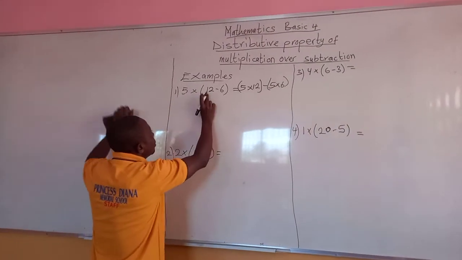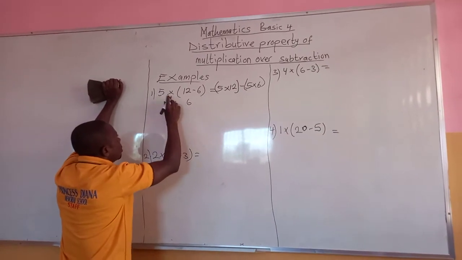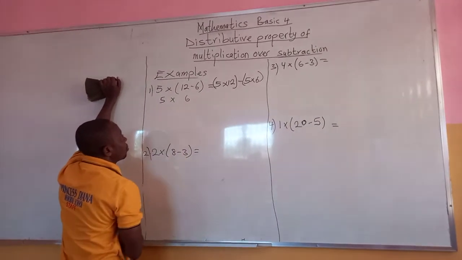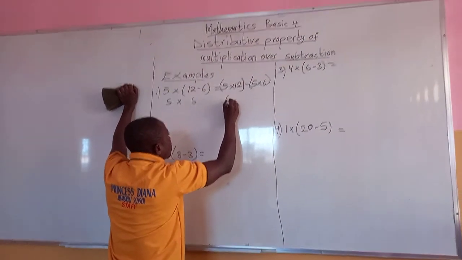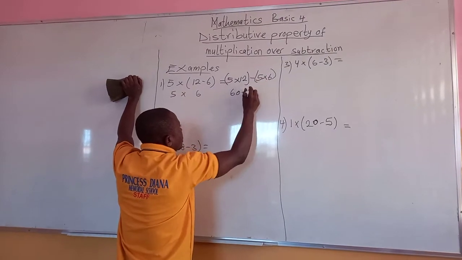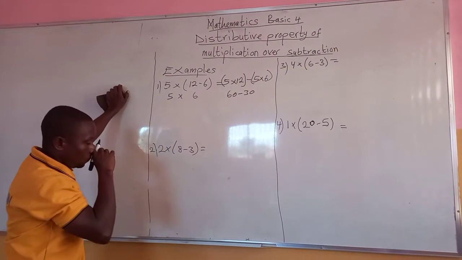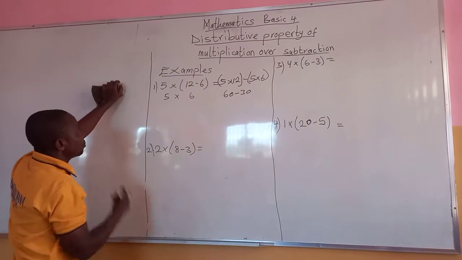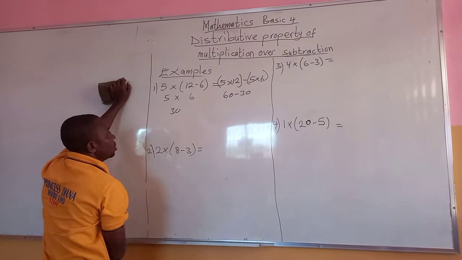Now over here, 12 minus 6 is 6, times 5. 5 times 12 will be 60. Bring our sign. 5 times 6 is 30. Good.